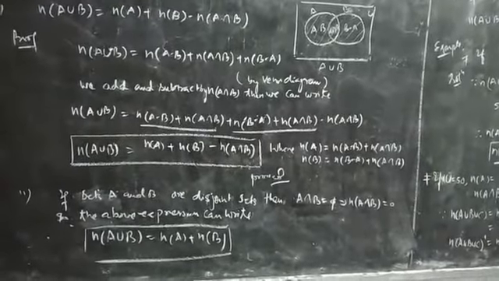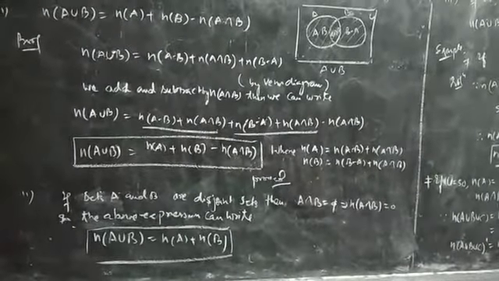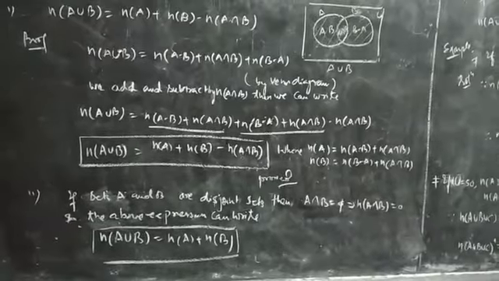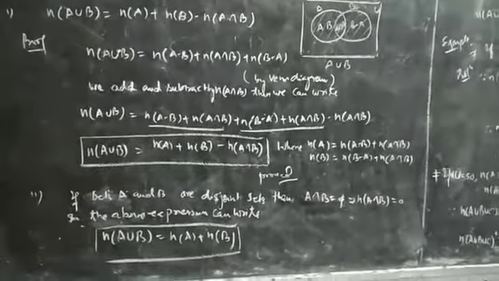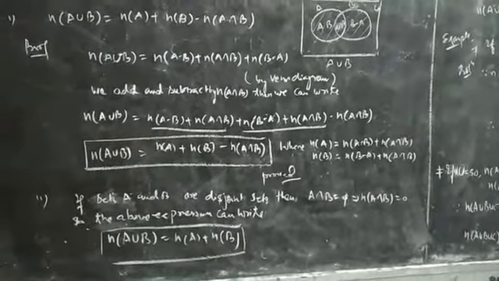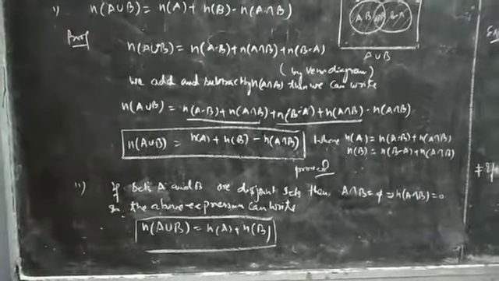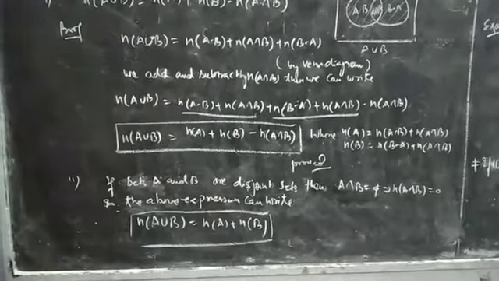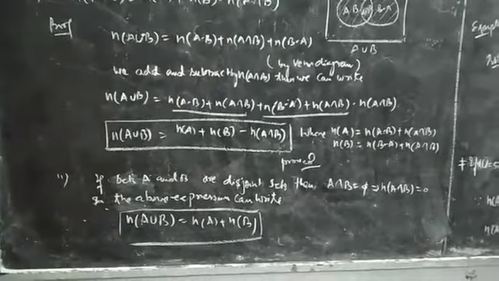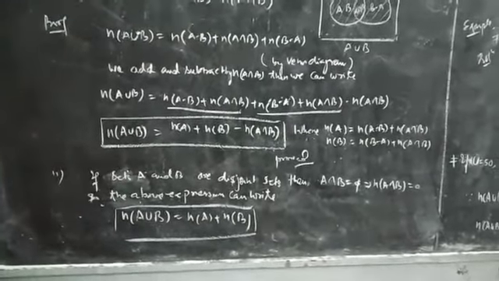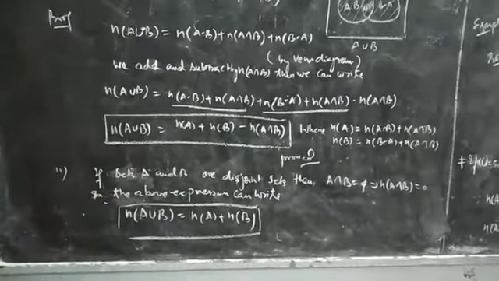Then we can write, in place of n(A − B) + n(A ∩ B), n(A), and in place of n(B − A) + n(A ∩ B), n(B). Then the above expression becomes n(A ∪ B) = n(A) + n(B) − n(A ∩ B). This is the proof of the above expression.